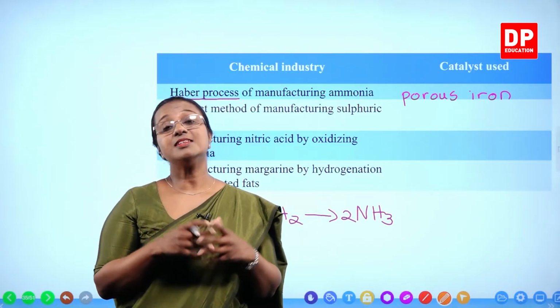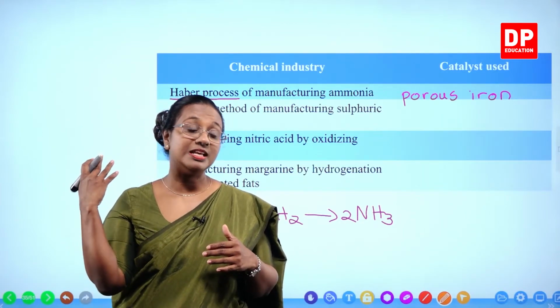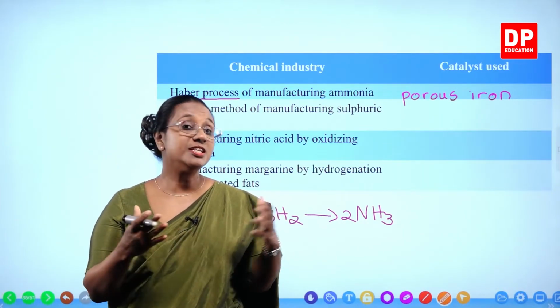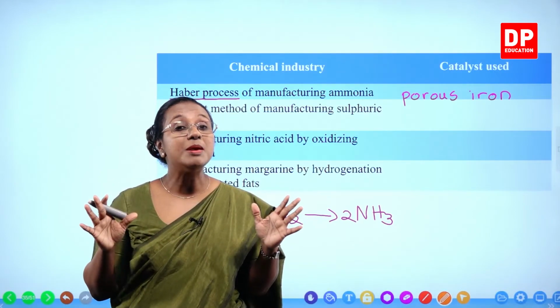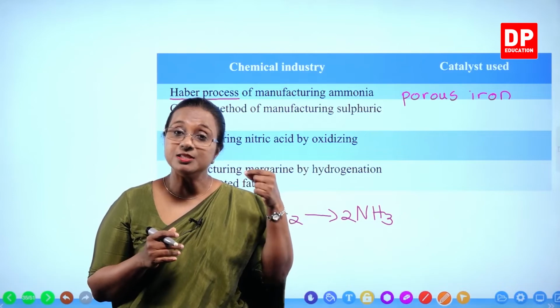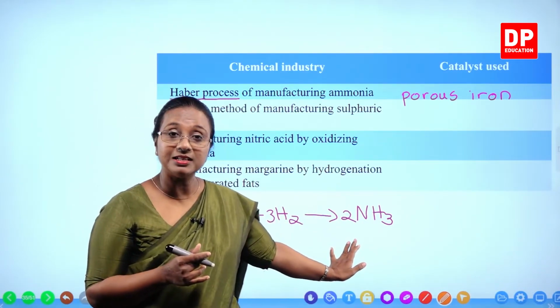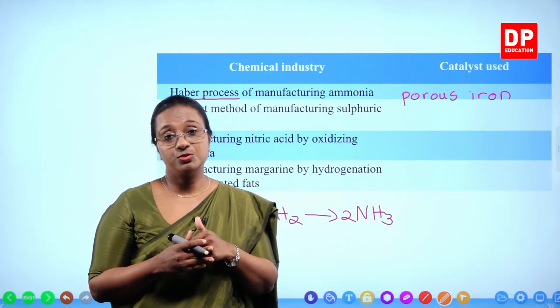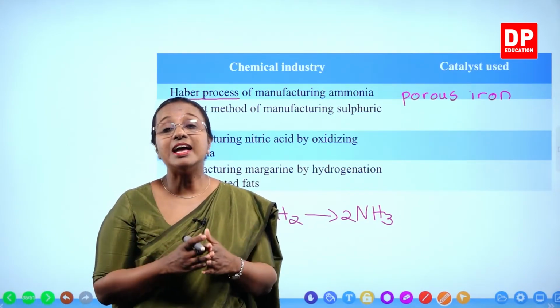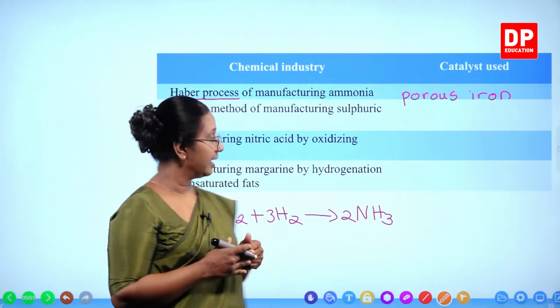That increases the surface area of the catalyst. You have learned this before when we discussed nanotechnology in a previous grade. So you can remember that also. So porous iron, it has tiny pores, tiny spaces through which the gaseous reactants can go into those pores. And there, the iron can act as a catalyst. That's why we use porous iron.